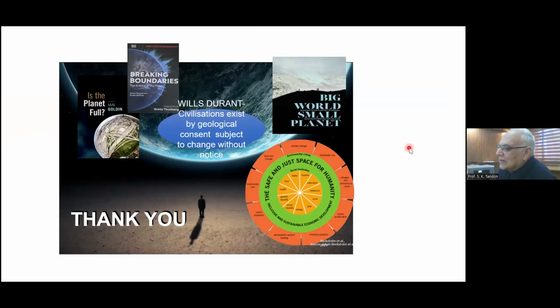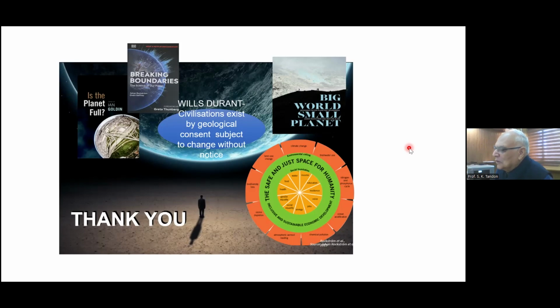So my final slide is, there are books now which talk a lot about this. There's a book on Breaking Boundaries by Rockstrom. There's a book by Ian Golding, which is called Is the Planet Full? There is another book called The Big World, Small Planet. The fight is on for a safe and just space for humanity. And cultures, values, beliefs are different in different parts of the world.